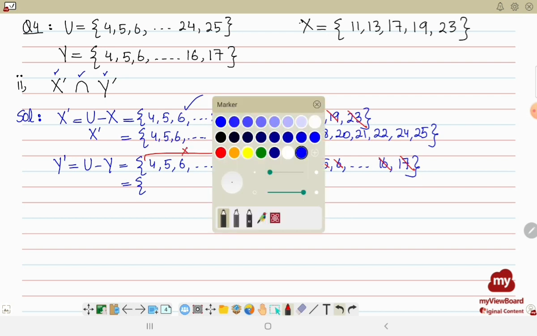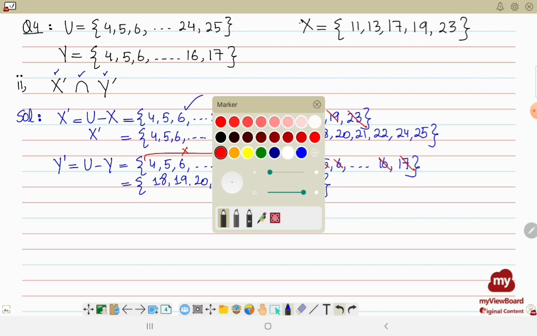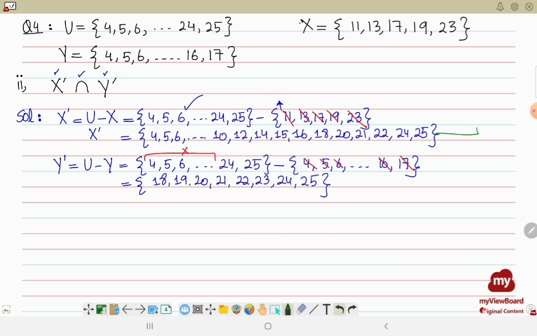So now we'll be writing down the remaining elements of universal set आफ्टर कैंसलेशन. 17 तक ख़त्म. नेक्स्ट इज़ 18, 19, 20, 21, 22, 23, 24 एंड 25. ये एलिमेंट्स जो आगे हमारे पास किस में आ गए, वाई कॉम्प्लीमेंट में, राइट. सो हमारे पास कौन सा हो गया, एक सेट हमारे पास ये वाला हो गया एक्स कॉम्प्लीमेंट और एक सेट हमारे पास ये वाई कॉम्प्लीमेंट हो गया.